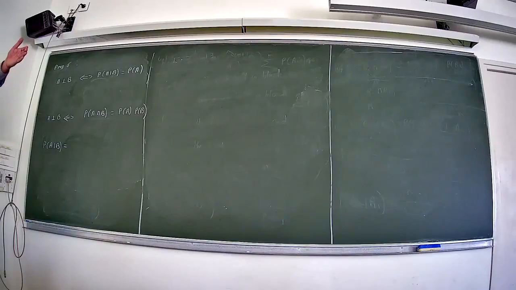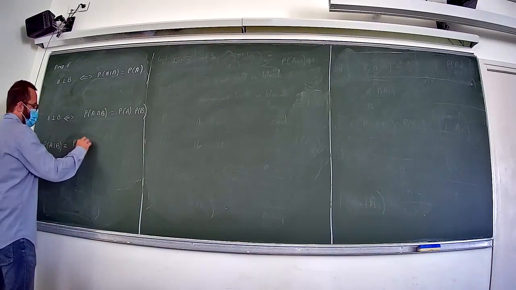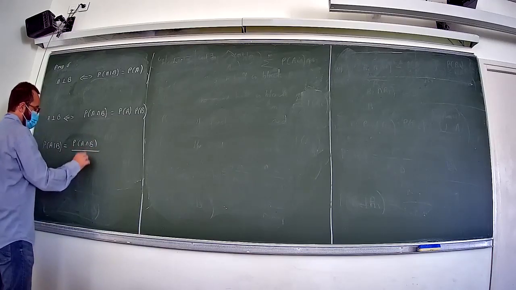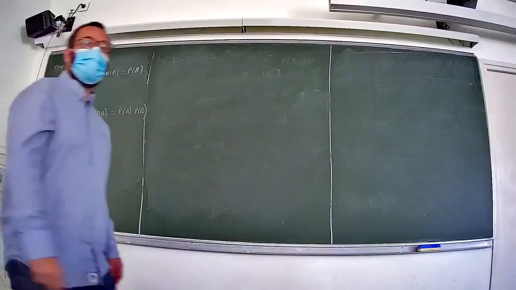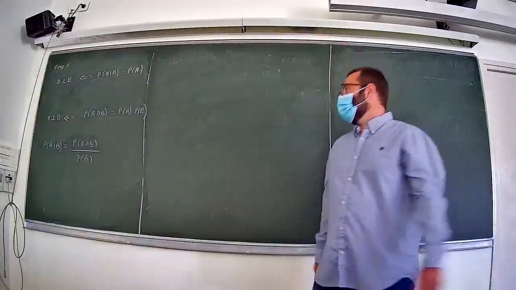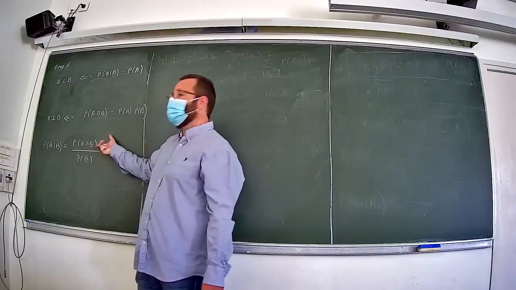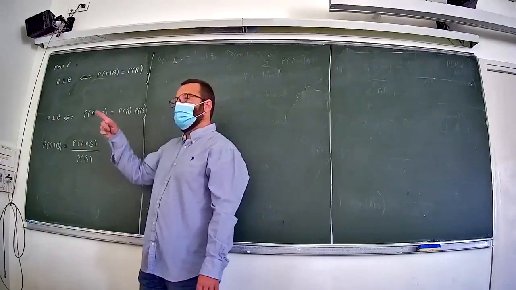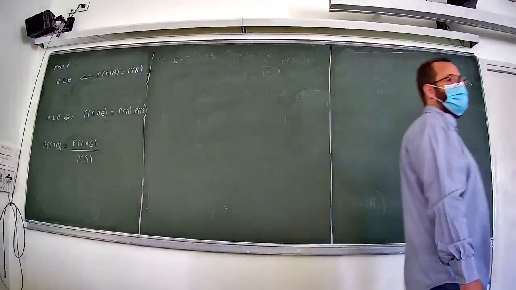By the definition in red in the slides here, P of A intersected with B over P of B. And so, in fact, it's finished. Why? Because if I am independent, the probability of the intersection is equal to the product of the probabilities, and I can simplify between P of B and P of B, okay?